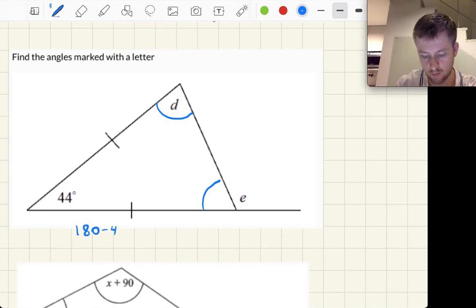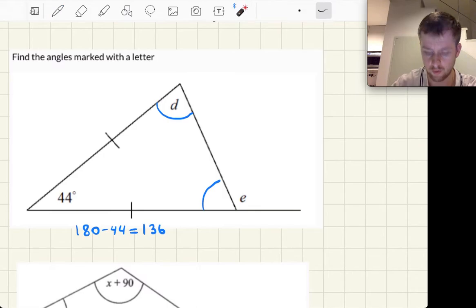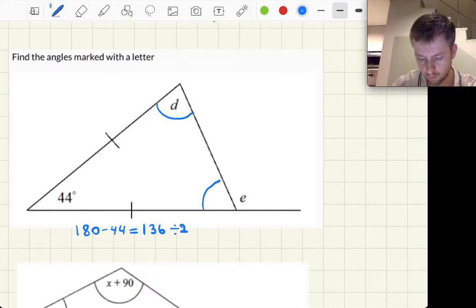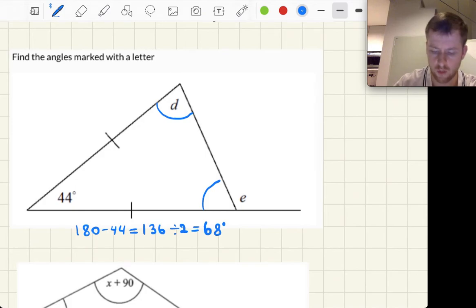We do 180 minus 44, which is equal to 136, and that's the sum of these two angles. If we divide it by 2, we'll get 68 degrees.